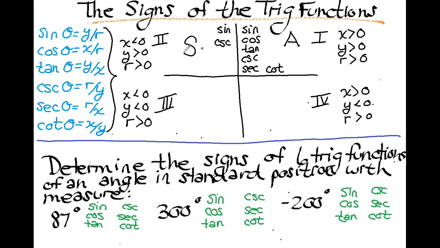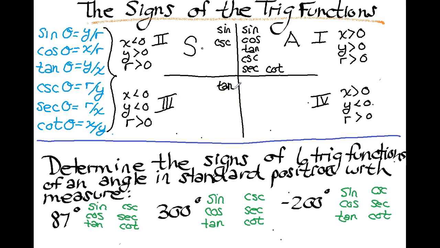So let's talk about quadrant 3. Both the x and the y are negative and the r value is positive. Sine would be a negative over a positive, which is a negative. Cosine is a negative over a positive, which is a negative. Tangent is a negative over a negative, which gives us a positive value.